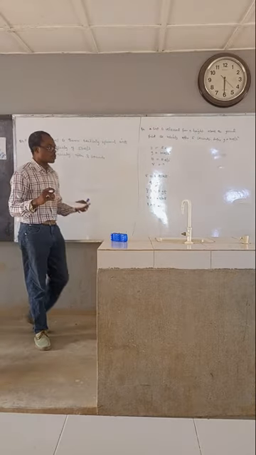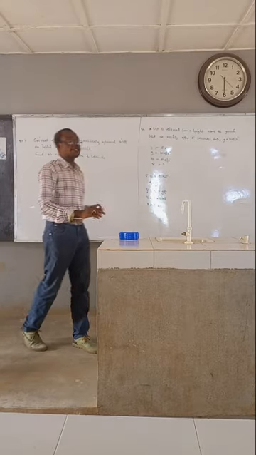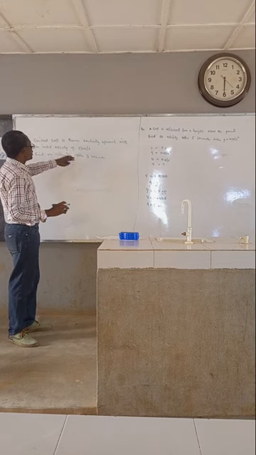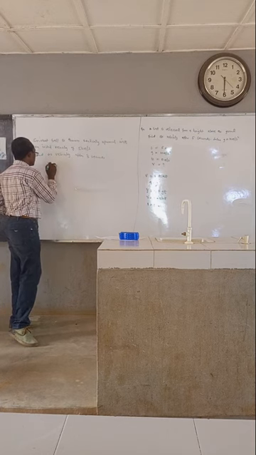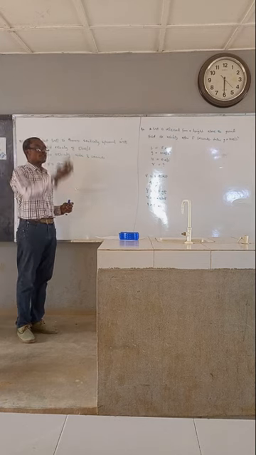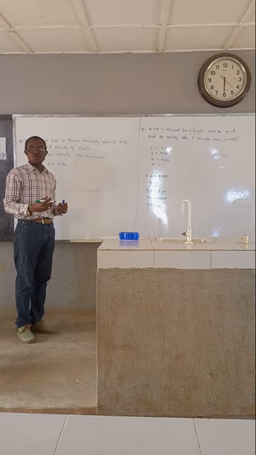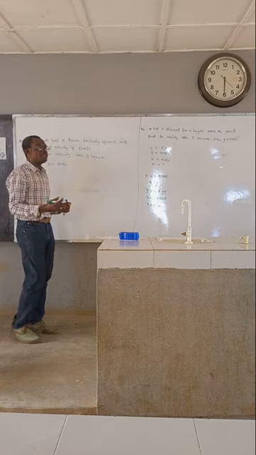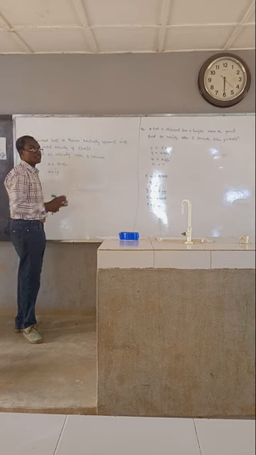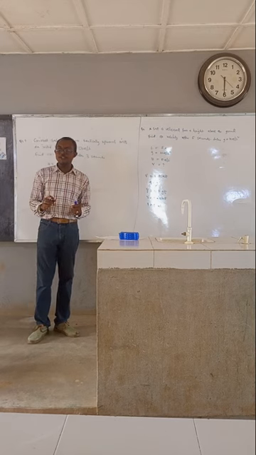Now, in solving this question, the first thing we need to understand is that the initial velocity, the value of u, is already given. u is 50 meters per second. Now we are told that the ball was thrown vertically upward, and throwing the ball vertically upward means that a becomes equal to minus g. Why is a equal to minus g?